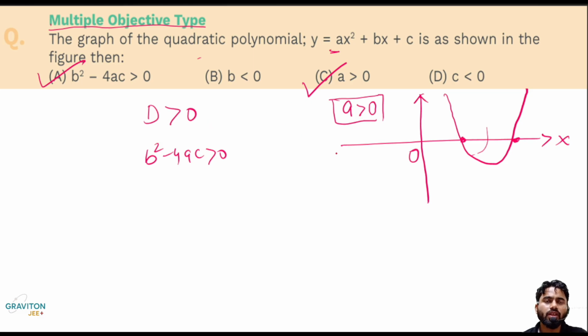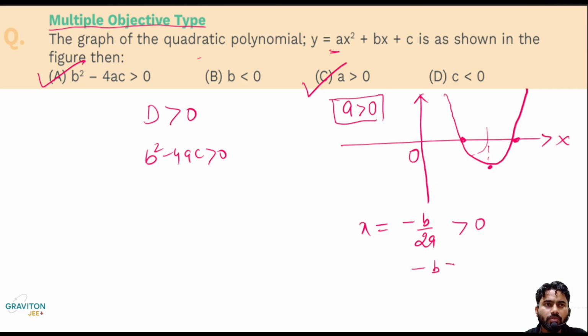Now we check for option B. So how can we check option B? You know, if I ask you the vertex of this parabola, the vertex is nothing but minus b upon 2a, and this minus b upon 2a is greater than 0 because it is lying on the right side of the origin. And what you know is A is positive and 2 is also positive.